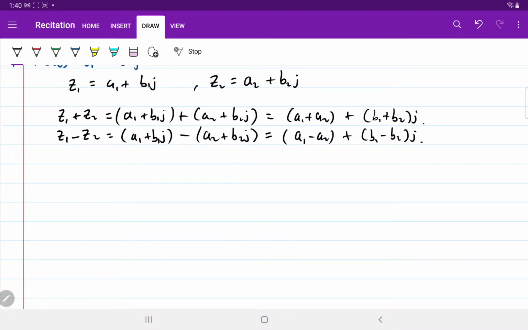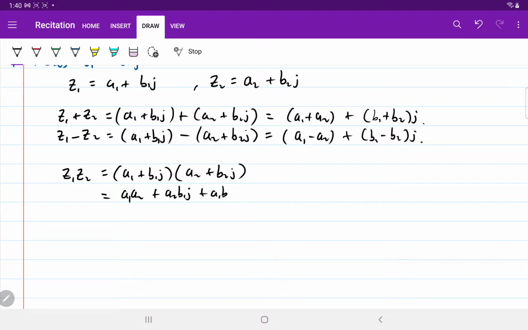Next, how about multiplication or product? What if z1 is multiplied by z2? Well, we can work this out. a1 plus b1j multiplied by a2 plus b2j gives a1 a2 plus a2 b1 j plus a1 b2 j plus b1 b2 j squared.